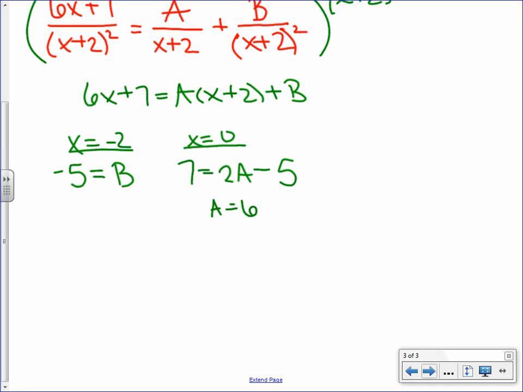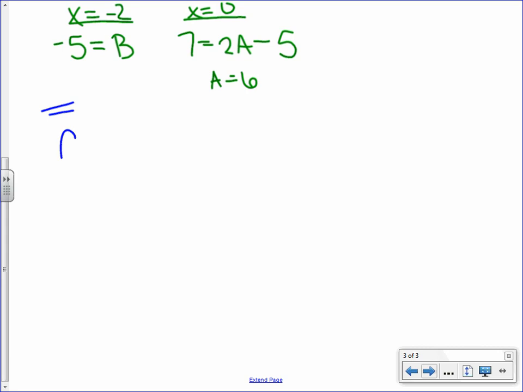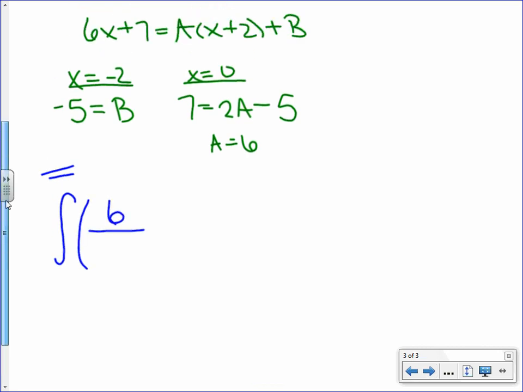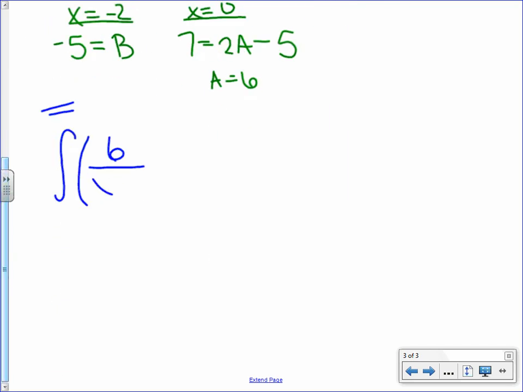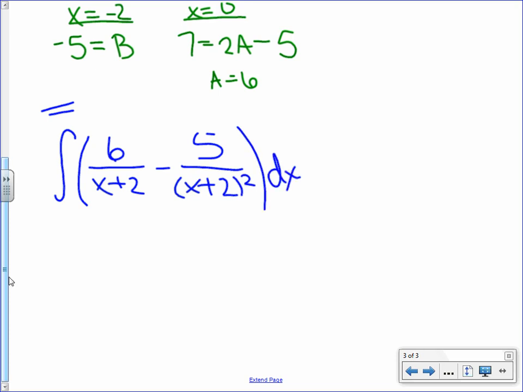Okay, so continuing with our integration, we have the integral of 6 over x plus 2 minus 5 over x plus 2 squared. This one: 6 natural log of x plus 2.